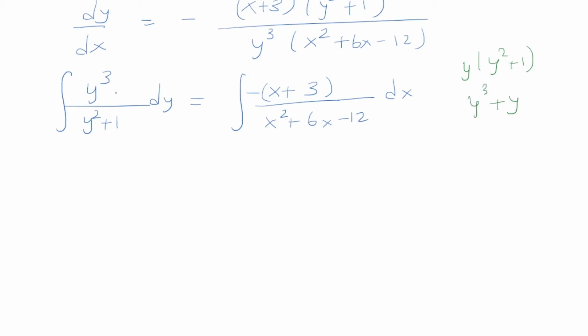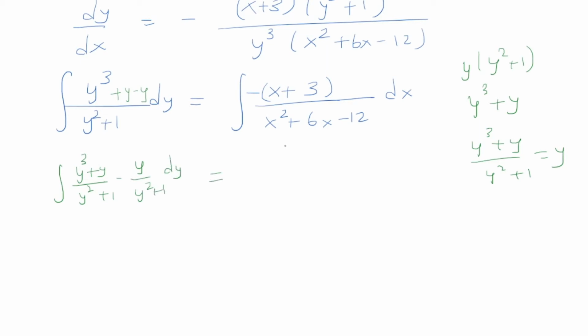But notice I don't have a y here. So for example, if I had y cubed plus y over y squared plus 1, that's going to equal y. So I would like to have a y here, which means I have to add y and then remove y. So really what this will be is y cubed plus y over y squared plus 1 minus y over y squared plus 1.